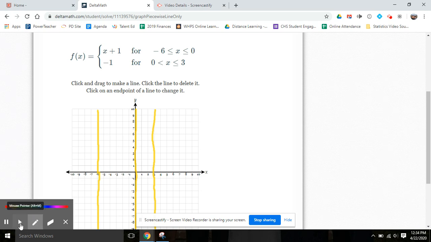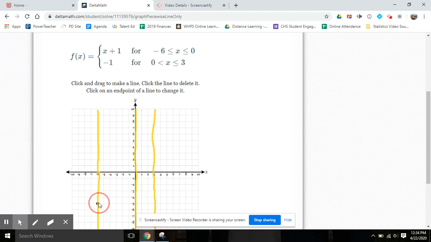For my first point, I need to figure out what goes on this line. If you watched my videos, I always plug in that point, negative 6, to figure out what's on the line, and I go from there. Negative 6 plus 1 is negative 5. So I know I have the point negative 6, negative 5, and I'm going to plot that.